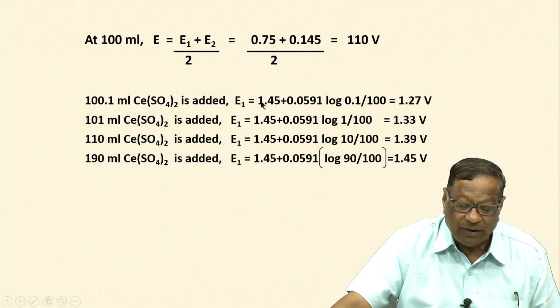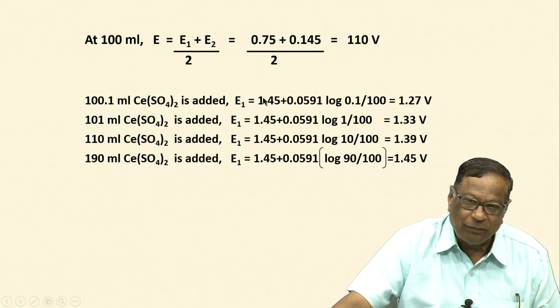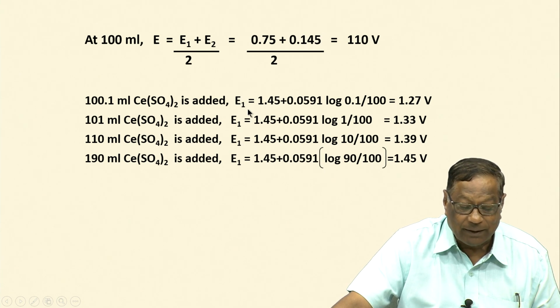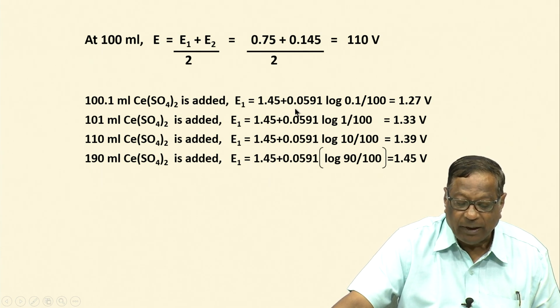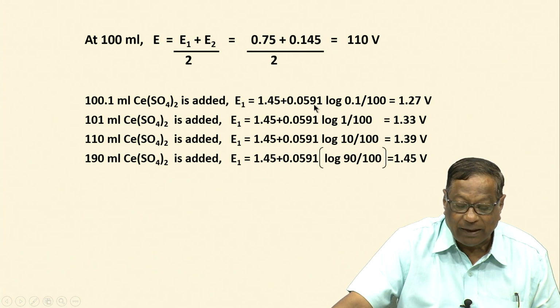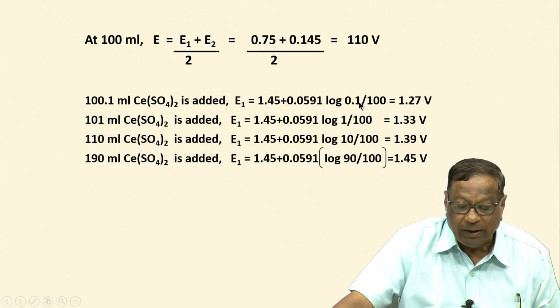So, only the ceric cerous ratio will change compared to ferric ferrous. All right. So, E1 should give me 1.45 plus 0.0591. I am not writing 1 because it is a single electron system even now. So, log of 0.1, that is added extra, and 100, I am neglecting the dilution now.